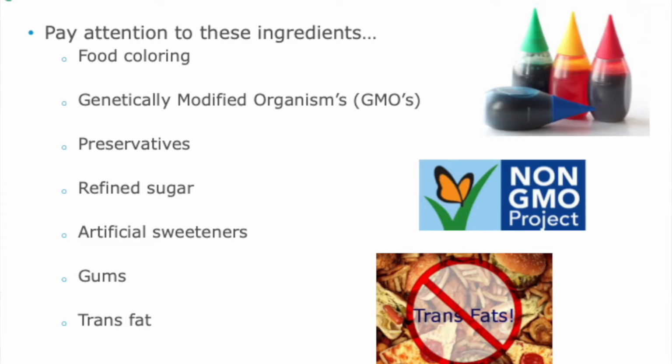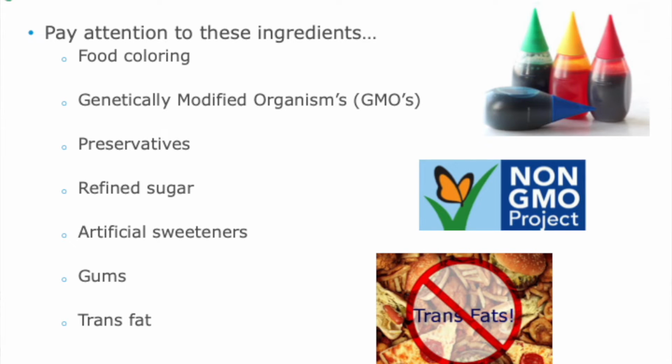Some of the different ingredients to look out for are food coloring, which you can see as yellow number 5 or blue number 10, for example. With genetically modified organisms, or GMOs, essentially what you're getting is genetically modified products that allow these products to have a longer shelf life. When a product is not GMO or doesn't contain genetically modified organisms, you will see the Non-GMO Project label on that product.